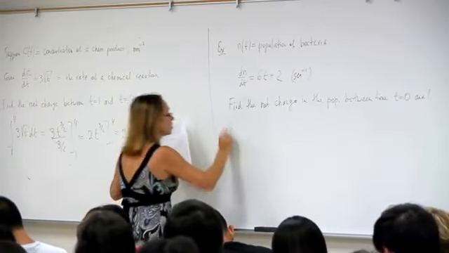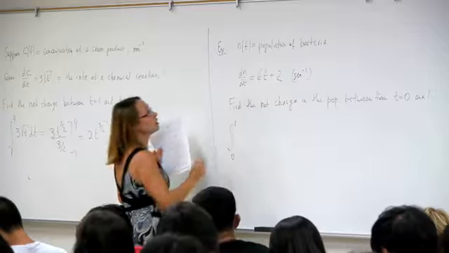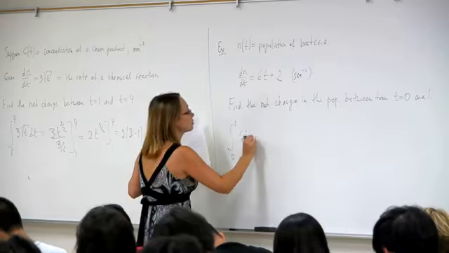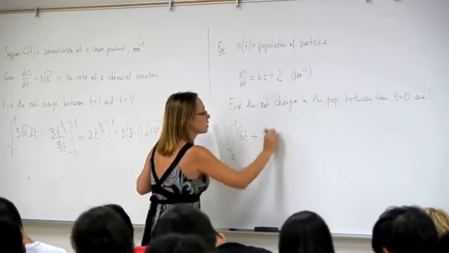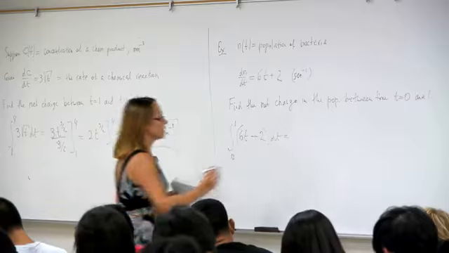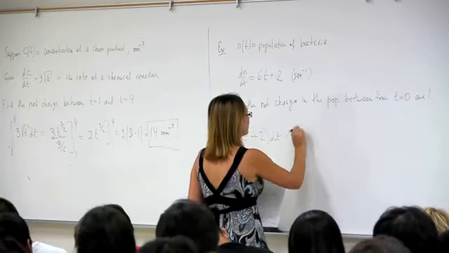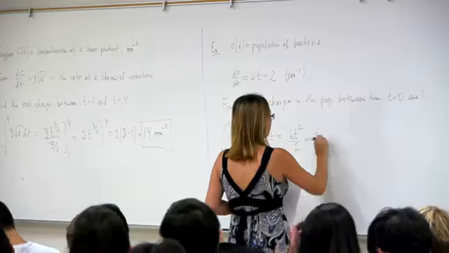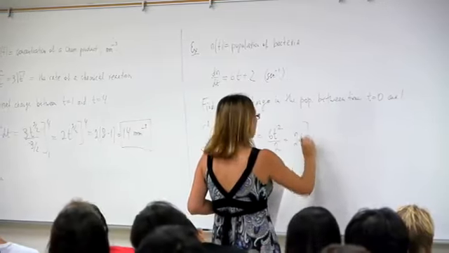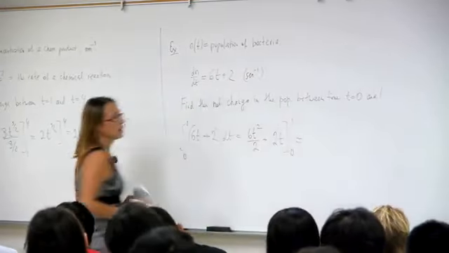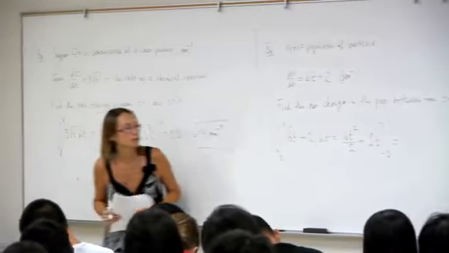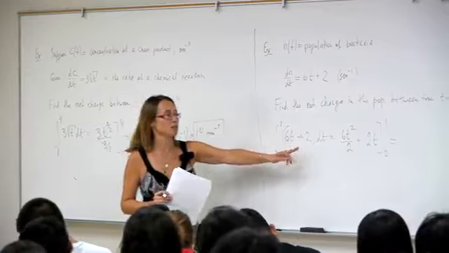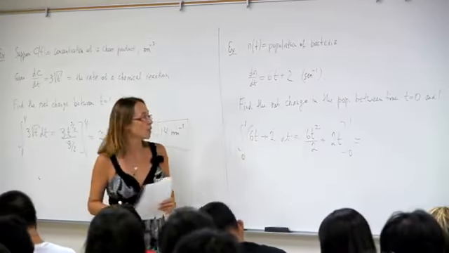Okay, so we integrate from 0 to 1 of this function dt. We'll find the antiderivative. And we evaluate it at the 2 time points. Okay, the antiderivative of 6t is 6 times t squared over 2.